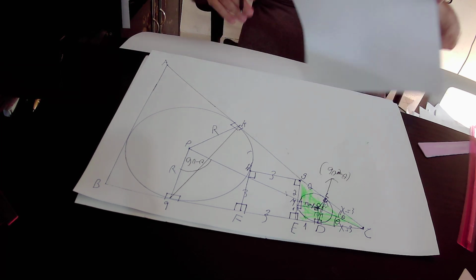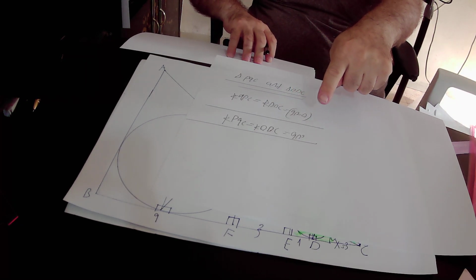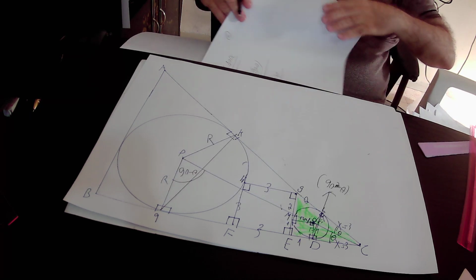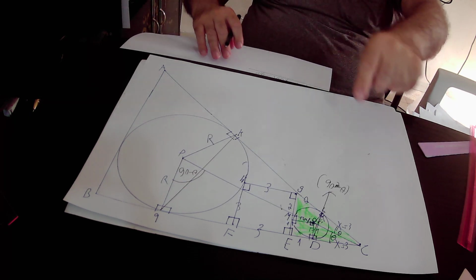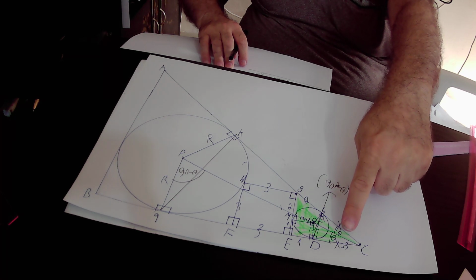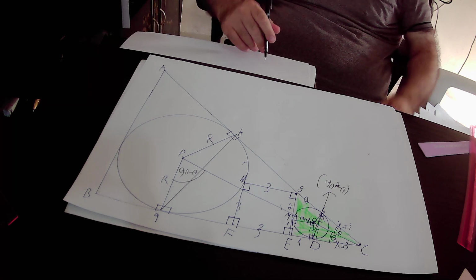Angle PQC equals angle ODC, they are both equal to 90 degrees. And finally, we have this angle, angle theta, a common angle that belongs to both triangles, so angle theta equals itself.